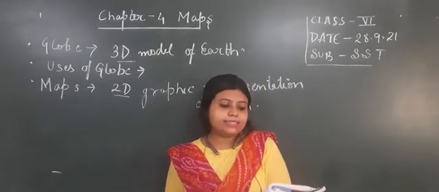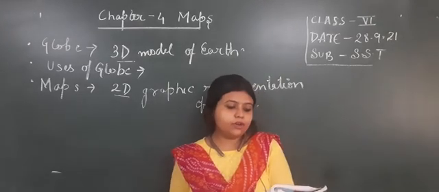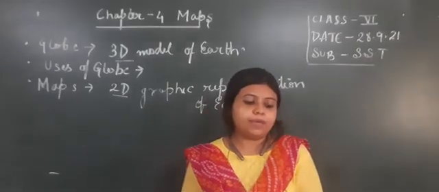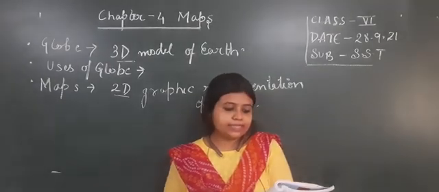Every map has some distortions because the curved surface of the earth cannot be shown on flat paper without error.